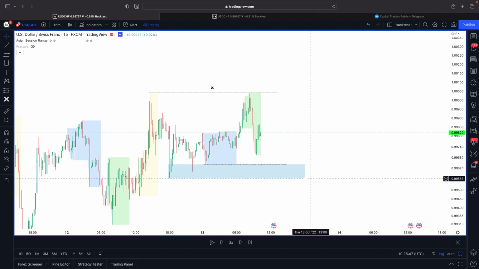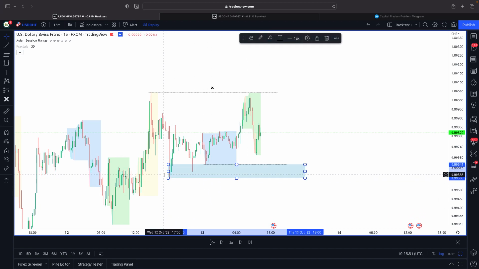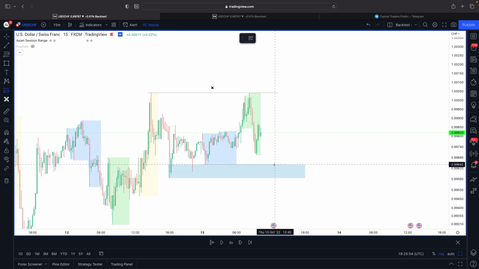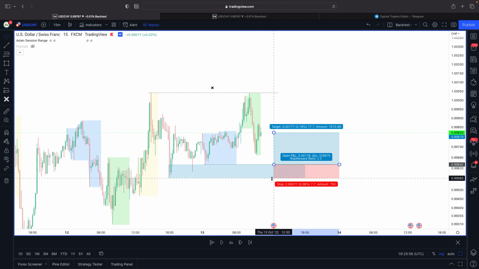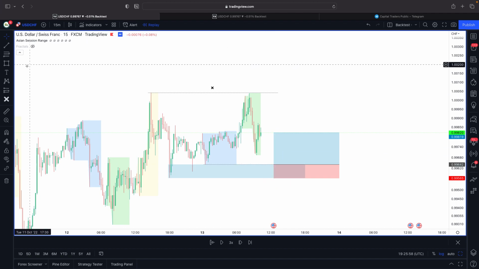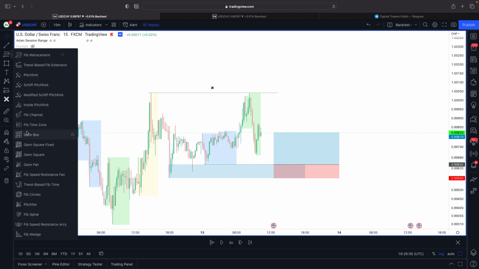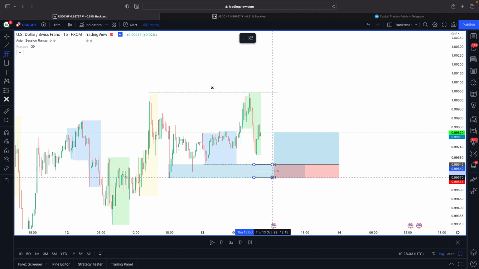Depending on whatever my entry requirements or entry protocol is, I can either set a limit at this zone, just at the low, or I could put it at the 50% level, which I know some traders like to do.